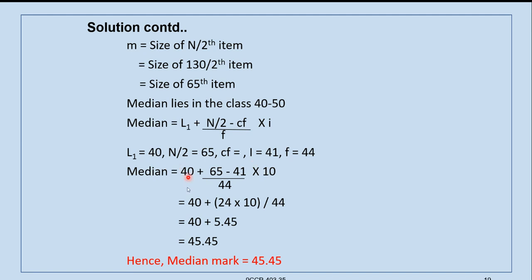Substituting the values, L1, n by 2, CF, F, and i. Solving this, we got this equation, and 40 plus 5.5 is the final median mark, that is 45.45. So this is how we have to calculate the median when less than cumulative frequency is given.